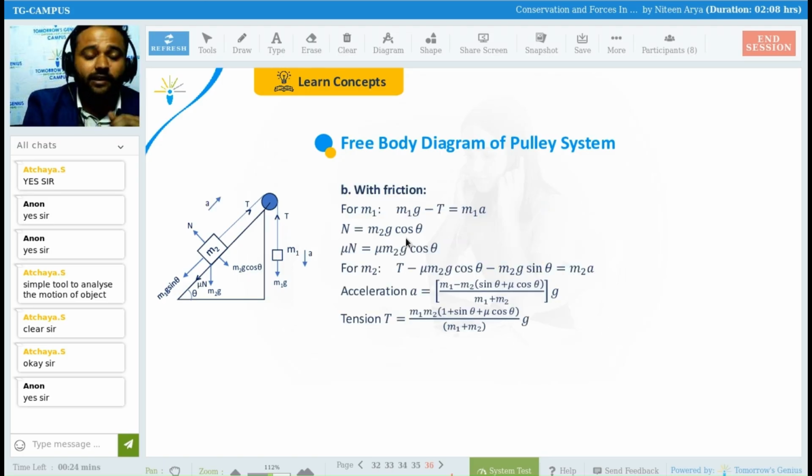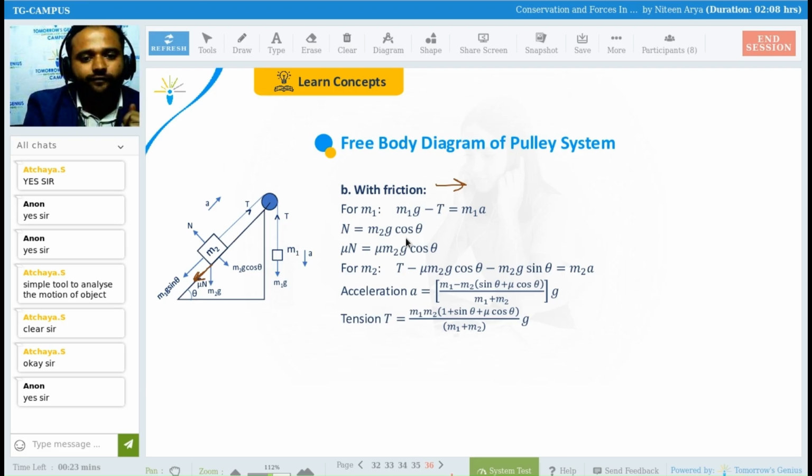Good. In the same sense, now let's see the case with friction. With friction, what is going to change? This mu N. Because there is one more force, that is the frictional force.